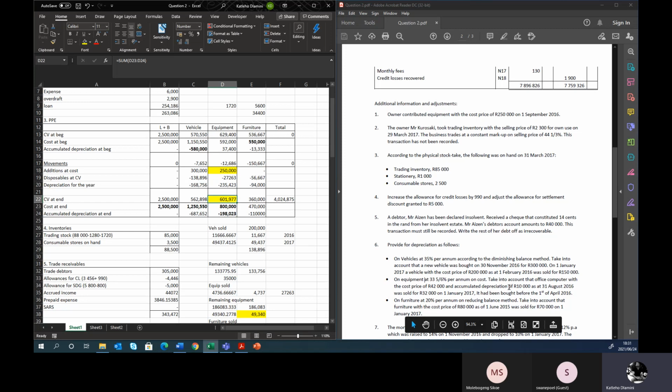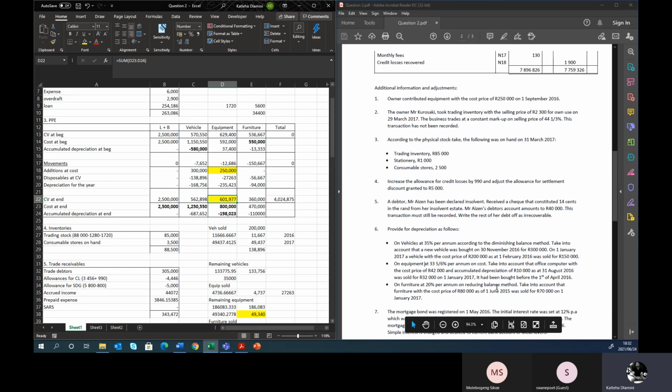Taking that office computer with the cost price of 42,000 and accumulated depreciation of 10,000 as at the 31st of August 2016 was sold for 32,000 on the 1st of January. It had been bought on the 1st of April 2016.